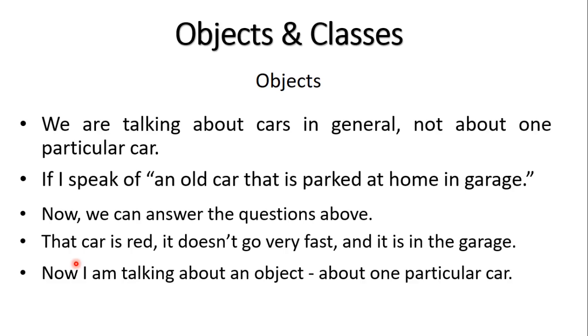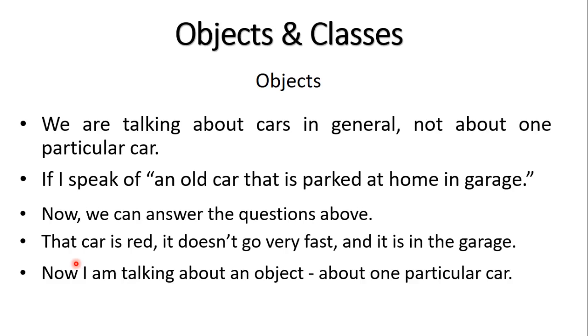Like for example, you're in class 8. If I'm talking about a particular person in the class, that particular person is an object, who has an independent character and behavior.